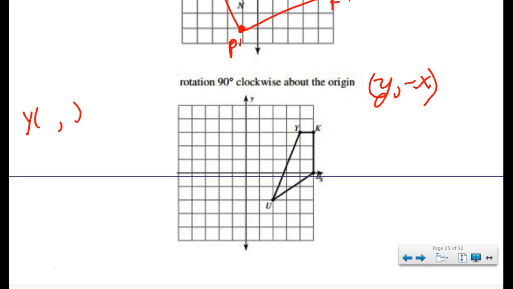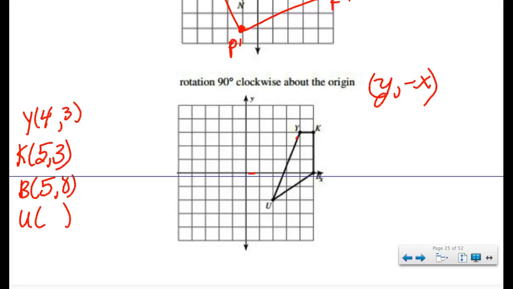So we've got Y sitting at 4, 3. We've got K sitting at, right now, 5, 3. We've got B sitting over there at 5, 0. And we've got U sitting at 2, -2.